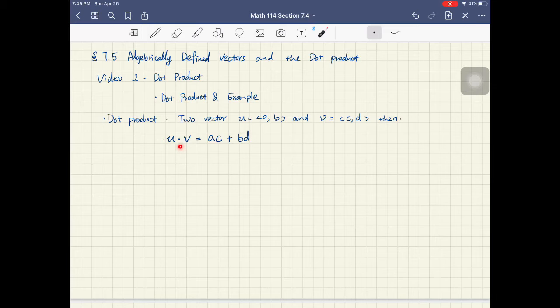We're not sure which one you're talking about: scalar multiplication, dot multiplication, or cross multiplication. Here we have dot multiplication, so we say u dot v. u dot v is defined as a times c plus b times d. From the definition you can see the dot product does not return a vector. A dot product returns a scalar.